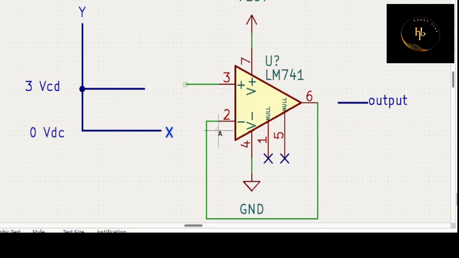If you missed this video, please follow it. So when 3 volt is here, that is absolutely connected with pin number 6, I mean the output. That means it is a feedback circuit.